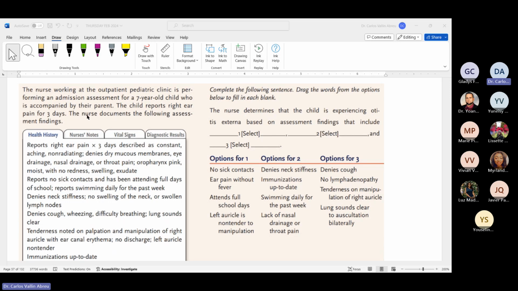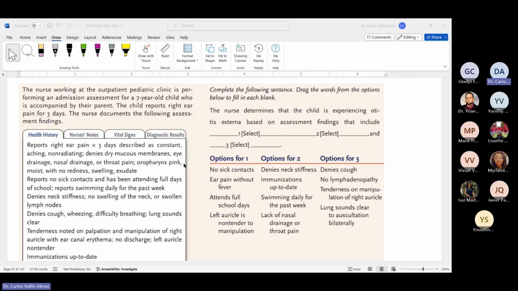The nurse documents the following assessment findings. Client reports right ear pain for 3 days, described as constant, aching, non-radiating, denies dry mucous membranes, eye drainage, so denies all this stuff, no? Denies nasal drainage or throat pain.